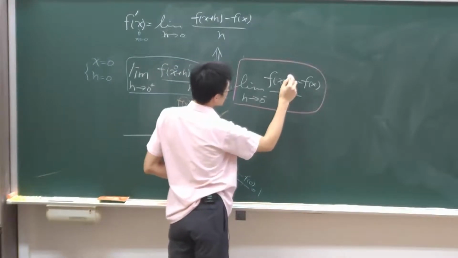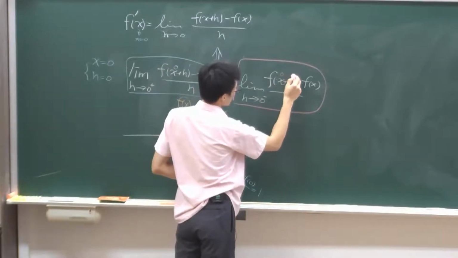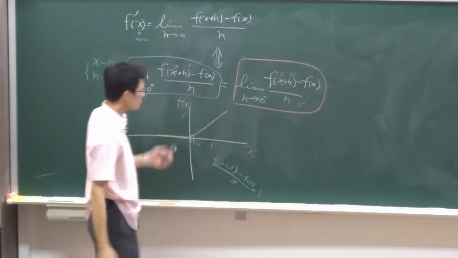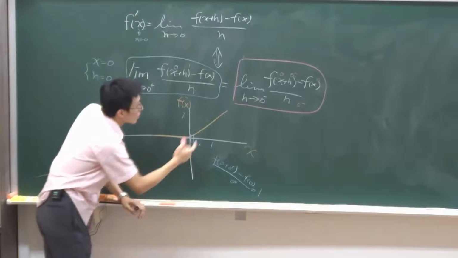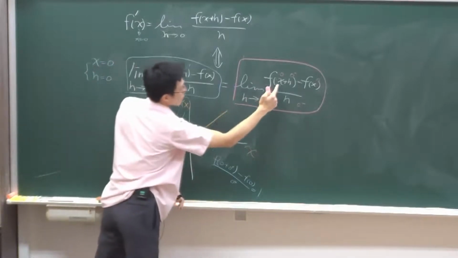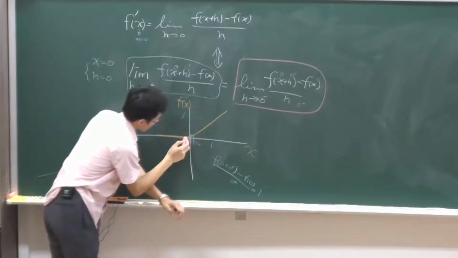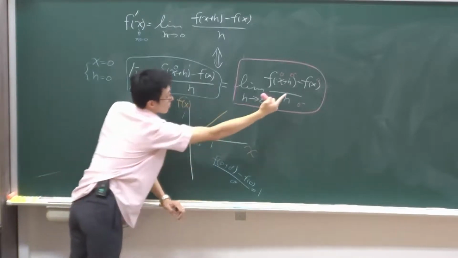Again, here x is 0. Here is 0 minus, which means we evaluate at 0 and 0 minus. So it's on the left-hand side, right? And here is 0.